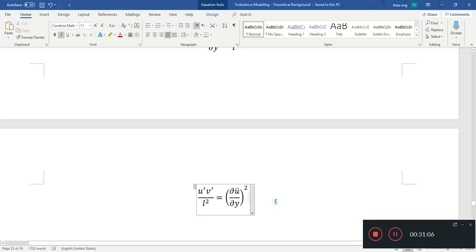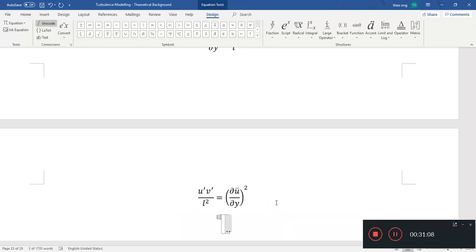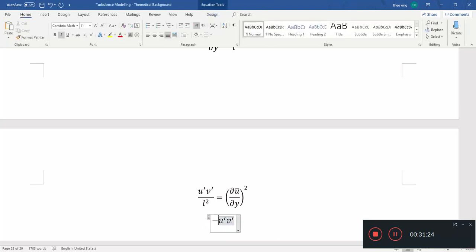Then we can get the order of magnitude like such: u prime v prime equals minus, rather I can put this minus on this side.